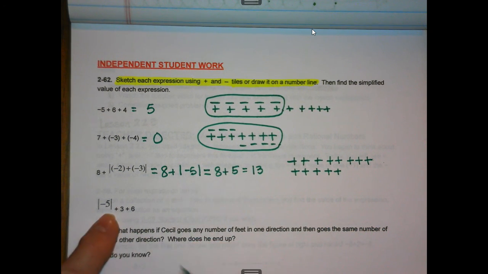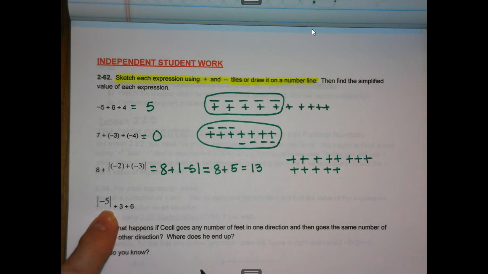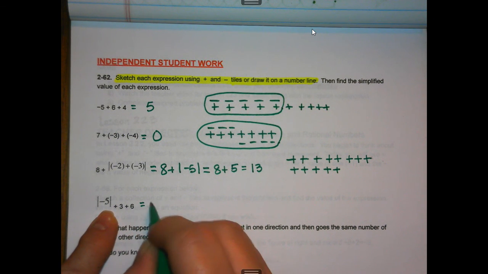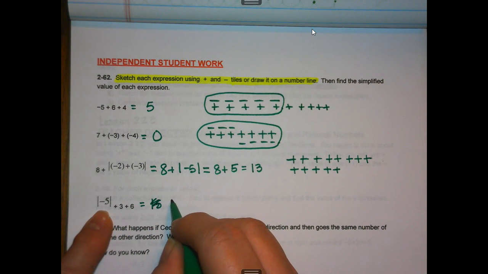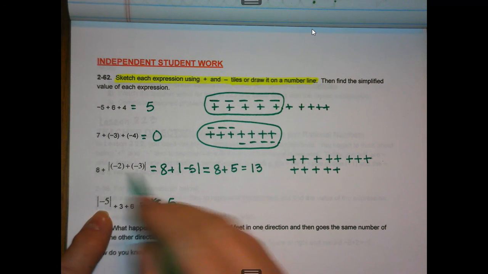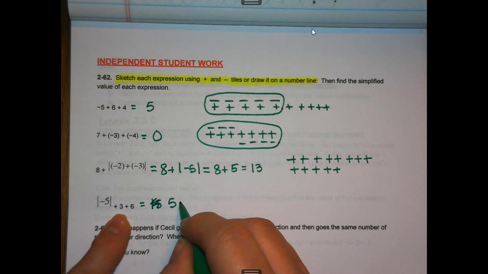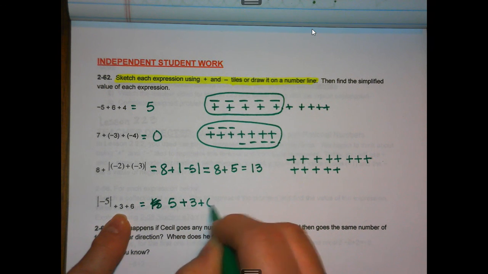This one here, we are looking for the absolute value of -5. So that would be, and actually we can just go straight into writing the number 5 because we don't have an equation to solve, plus 3 plus 6.